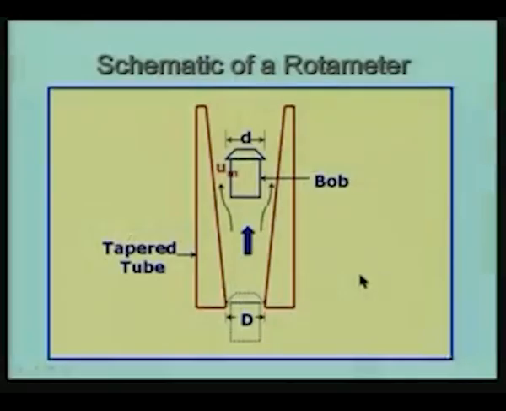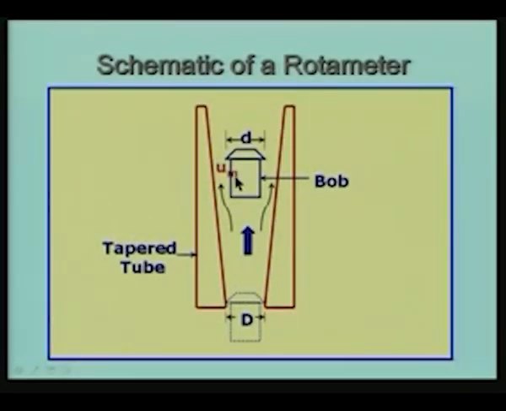But if you are going to install a rotometer, you have to make an arrangement such that locally the flow direction is exactly vertical from bottom to up. It should be from bottom to top. The flow direction is fixed from the bottom to top against the gravity. Very important to remember.